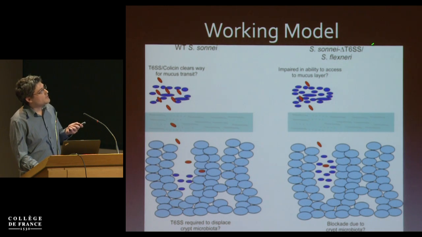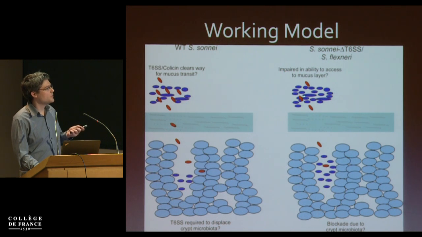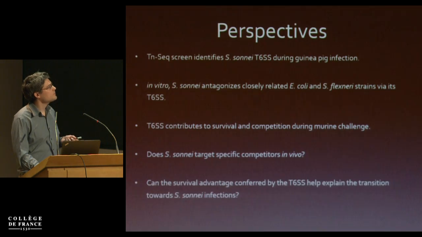On the other hand, if we have a type 6 deletion mutant, or if the bacteria has lost its type 6 system, as has Shigella flexneri, it is likely impaired in its ability to access the mucus layer and may also have a blockage in the crypt.